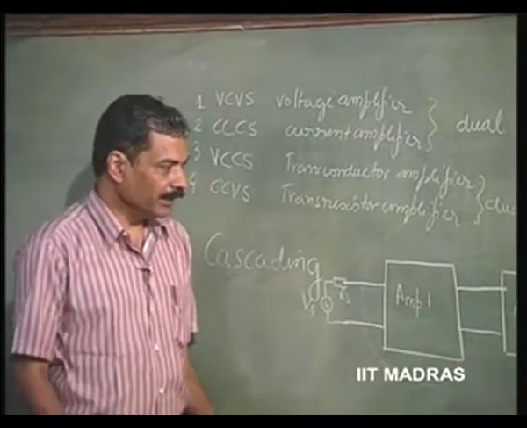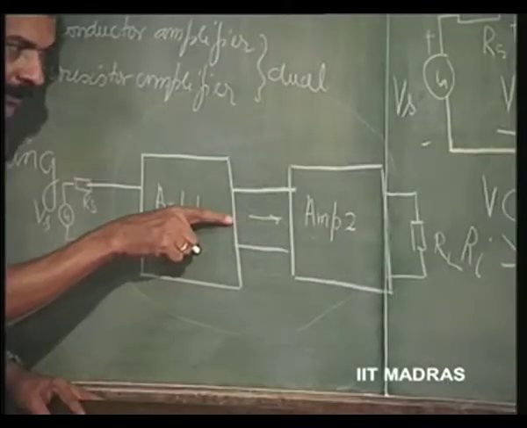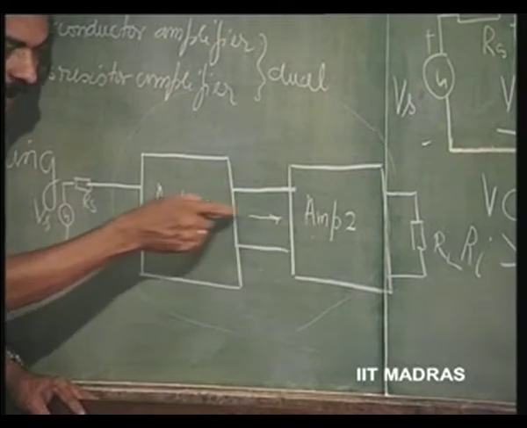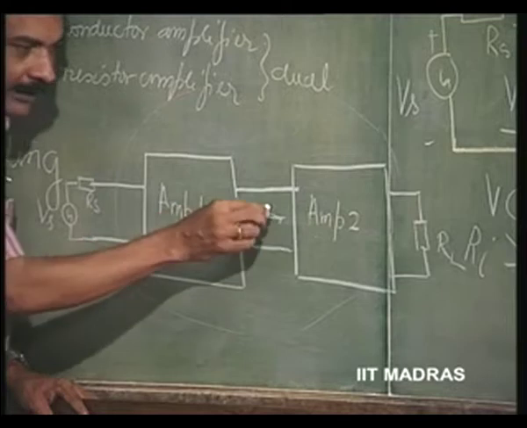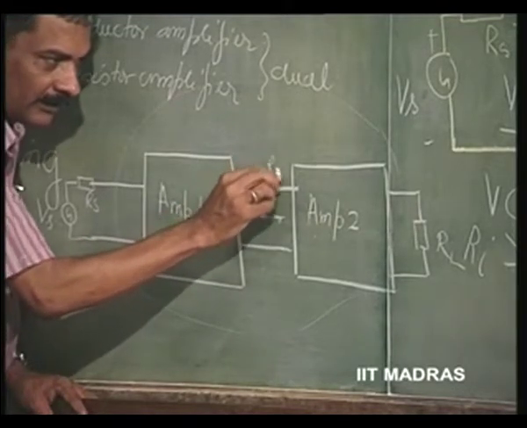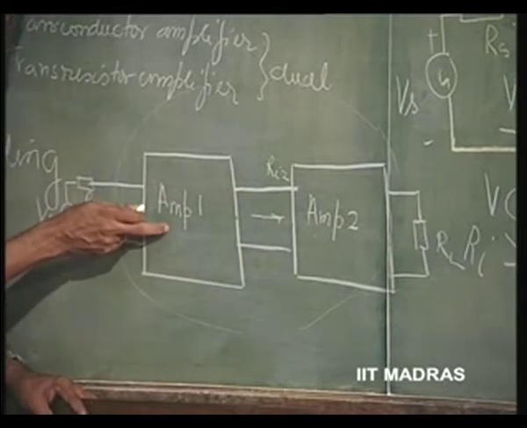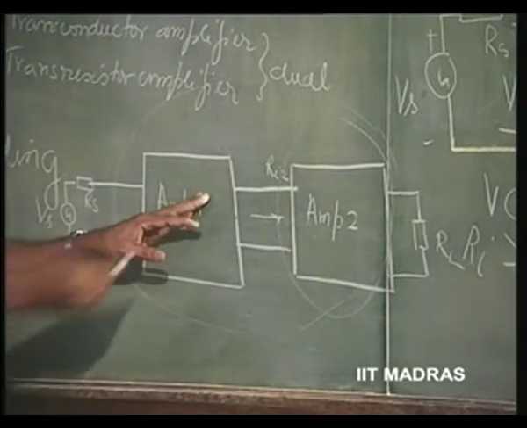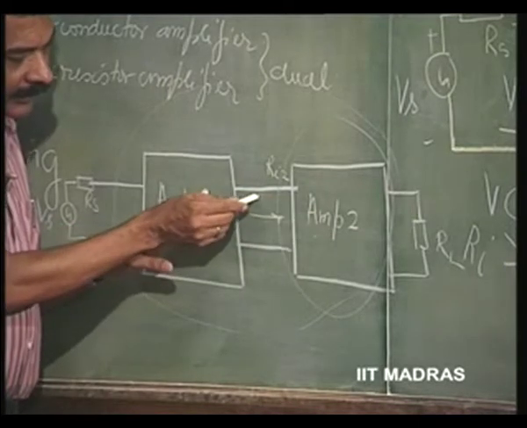Now, you can see that as far as load for this is concerned, it is going to be the input resistance of the amplifier 2 which will act as the load for amplifier 1. So, it is the input resistance of this Ri2 which will act as the load for amplifier 1. And also as far as the amplifier 2 is concerned, look at it at this point, this is the point where it is looking at a source.